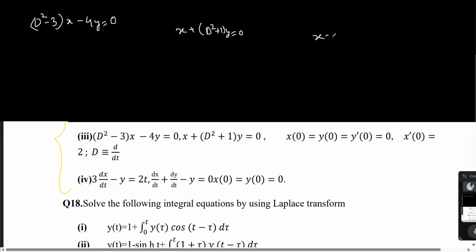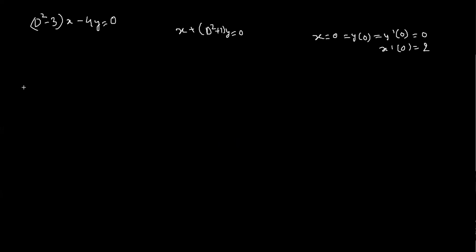And conditions are given: x(0), y(0), y dash 0, all are 0, right? And one more condition, x dash 0 is equal to 2. Here it is written D is equal to d by dt. This is for confusing part. Don't worry, right?